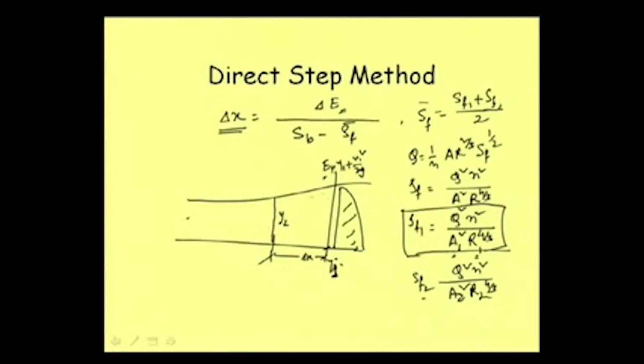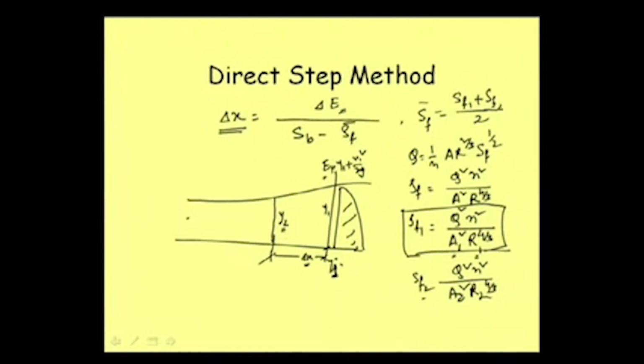Now suppose we know that it is a rising profile, and this depth is y1. Then let us consider that we will compute our delta x for a depth y2 which is at upstream.